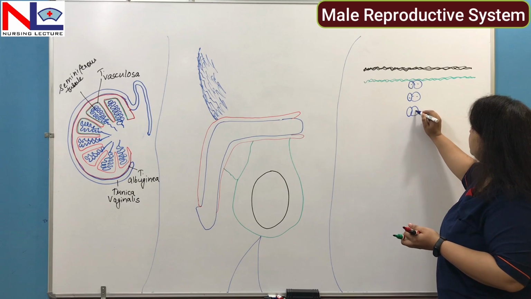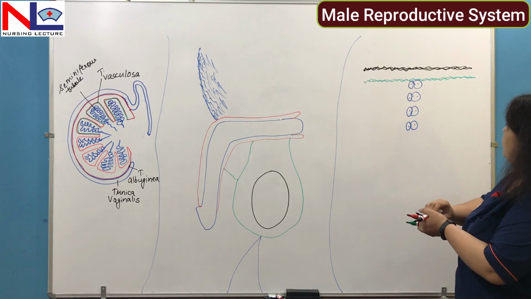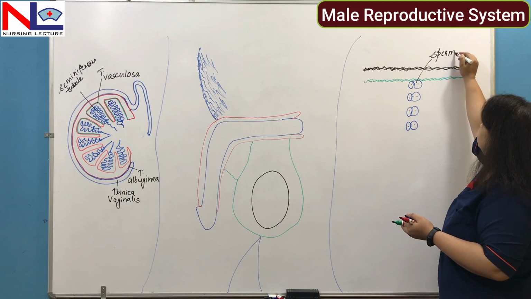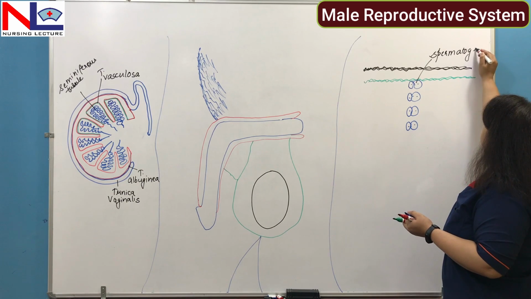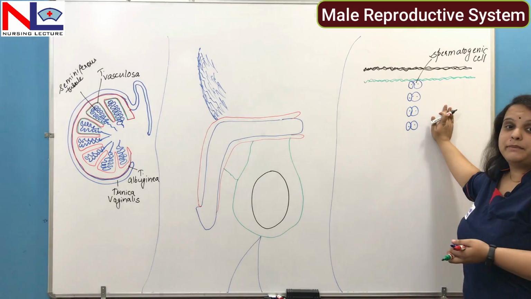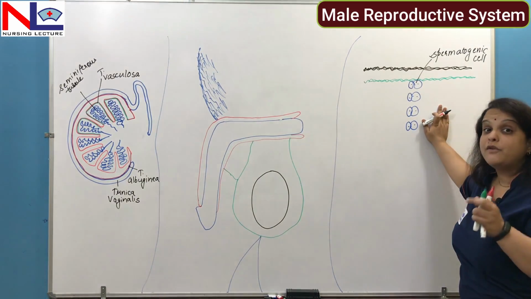The two types of specialized cells lying within the wall are, one, the spermatogenic cell. Spermatogenic cells are the cells which are responsible for formation of sperms.